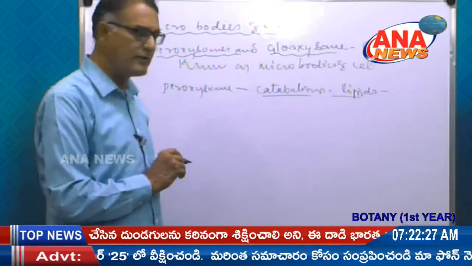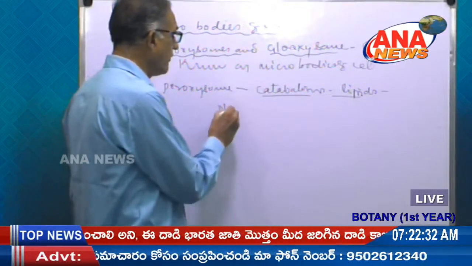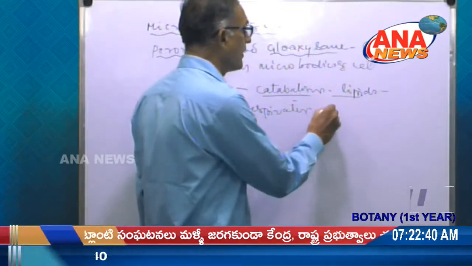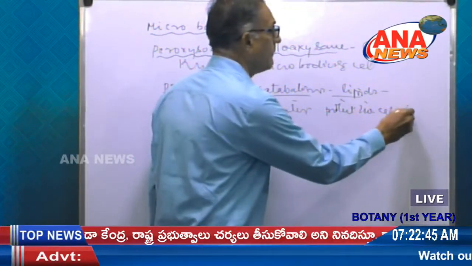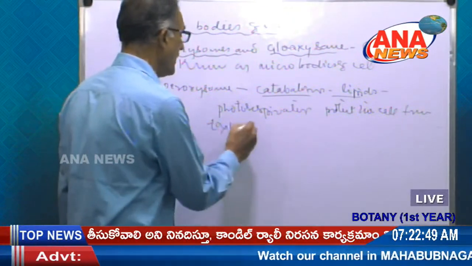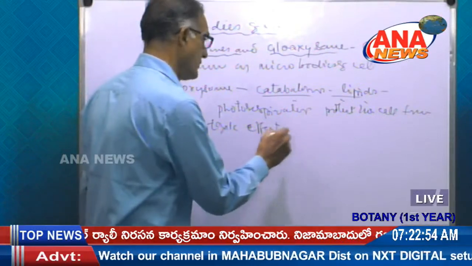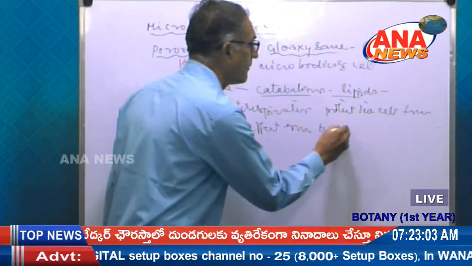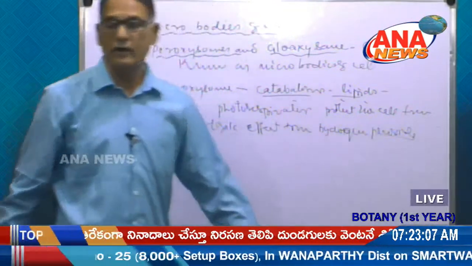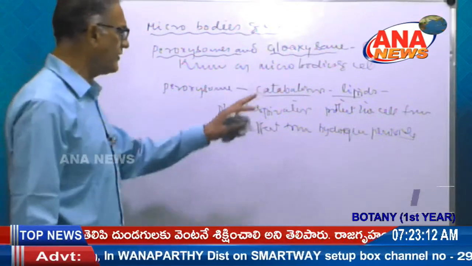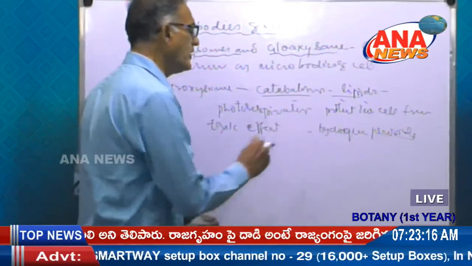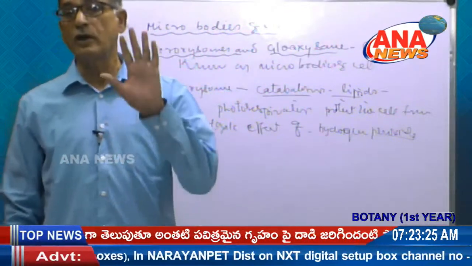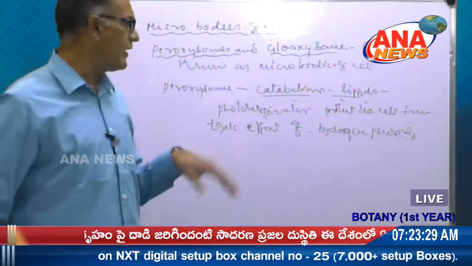Hydrogen peroxide has a lethal effect on the cells. Thus, the peroxisomes protect the cells during photorespiration from the toxic effect of hydrogen peroxide.